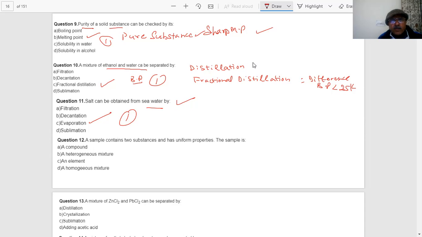A sample contains two substances and has uniform properties. The sample is, Sir, homogeneous mixture. Anya, Vidhi, what is your answer? The D part, a homogeneous mixture. Okay, all the students give the same answer.